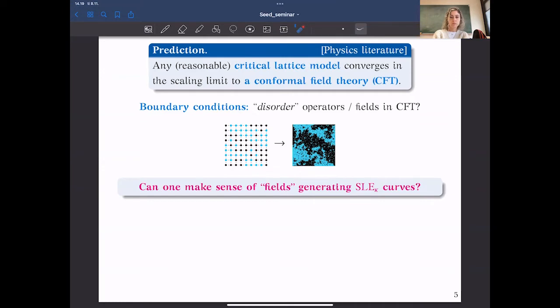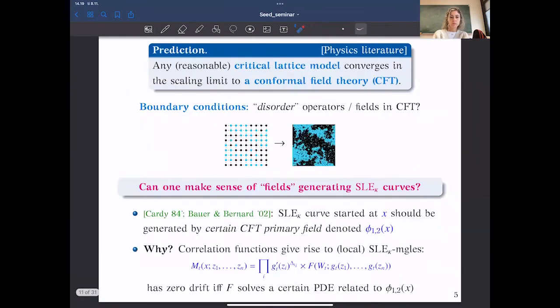There have been some predictions. In the physics literature, John Cardy already wrote papers about this from the statistical point of view. He didn't know about SLE curves because that came later, but he predicted what the disorder operator should be.